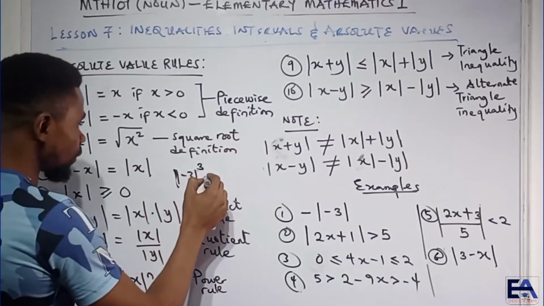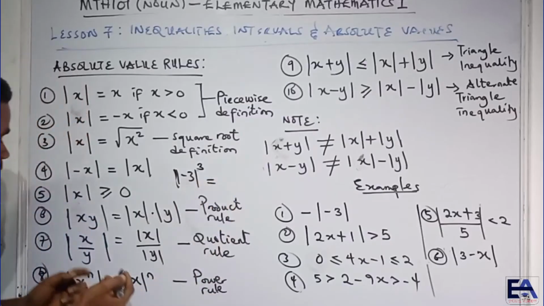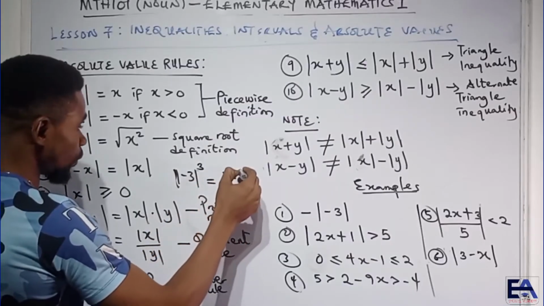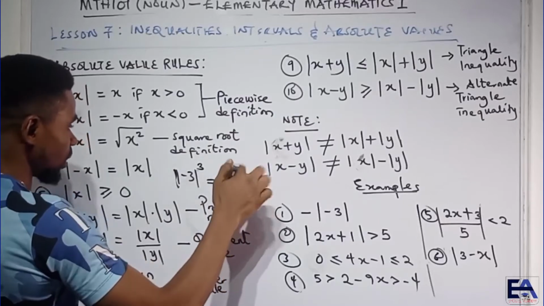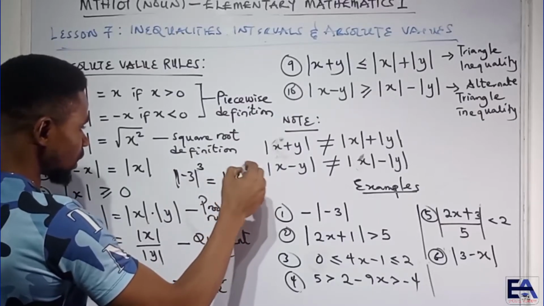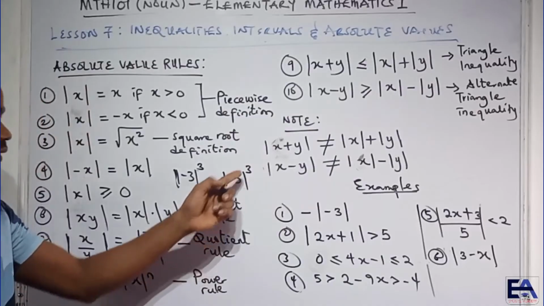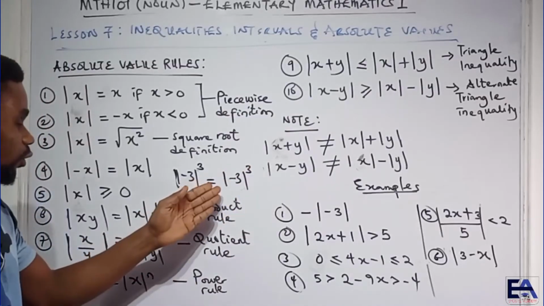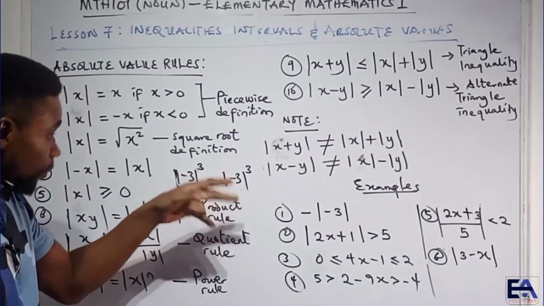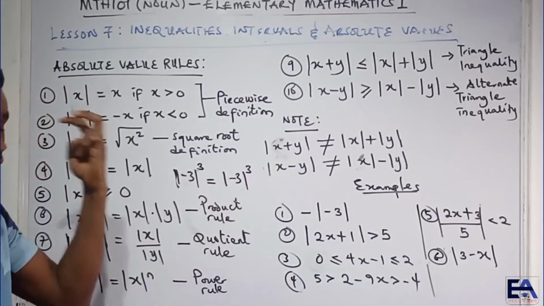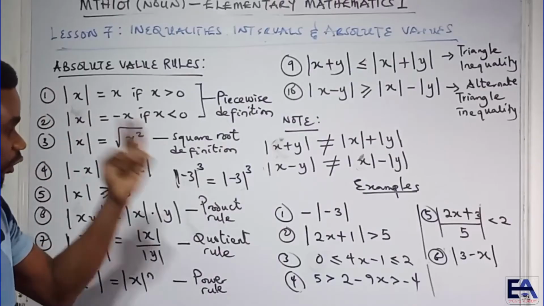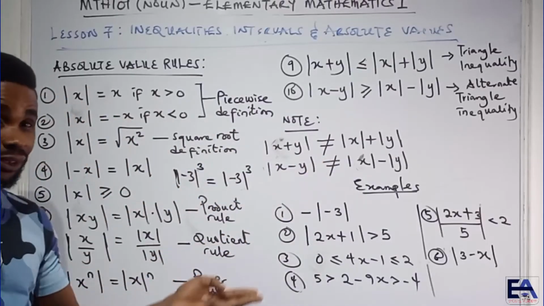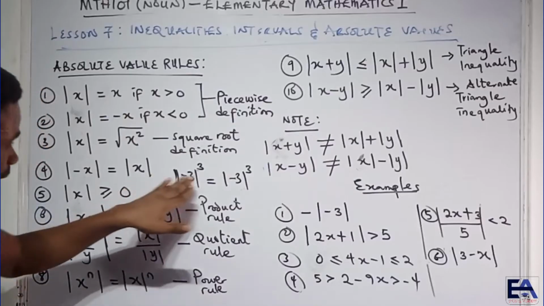Applying this rule means it is equivalent to taking the absolute value of negative 3 first, then raising the result to the power. The absolute value of minus 3 itself gives us positive 3. Then positive 3 raised to power 3 will give us 27. So that is how it goes.